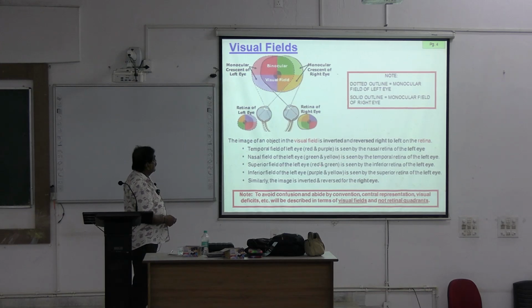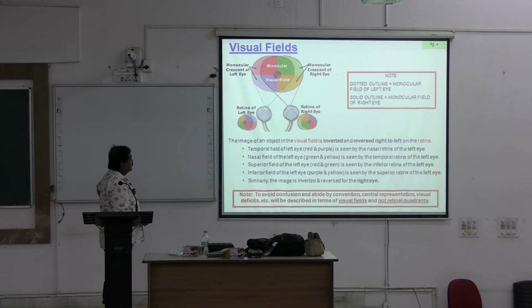The superior field of the left eye, red and green, is seen by the inferior retina of the left eye. The inferior field of the left eye, purple and yellow, is seen by the superior retina of the left eye. Similarly, the image is inverted and reversed on the right eye.